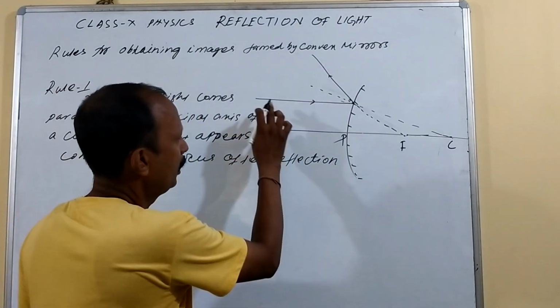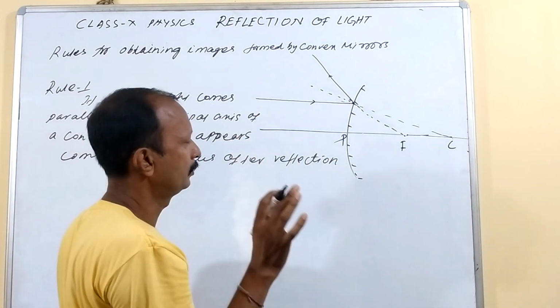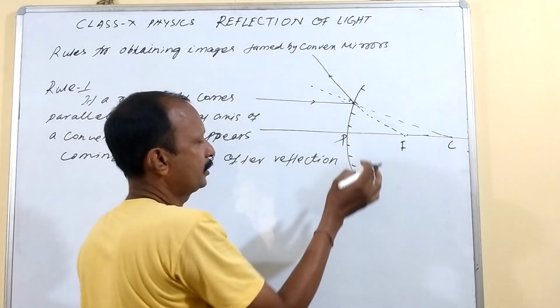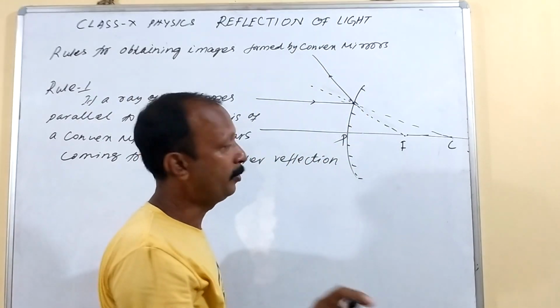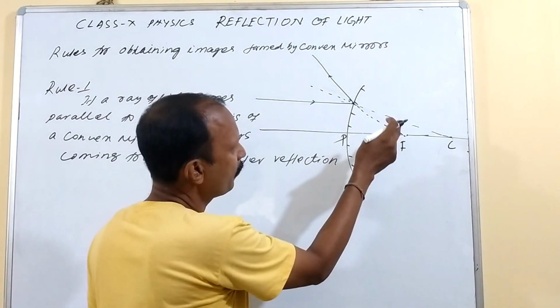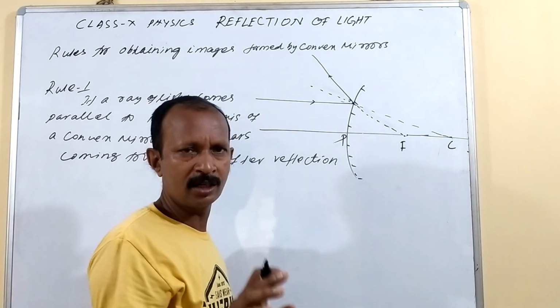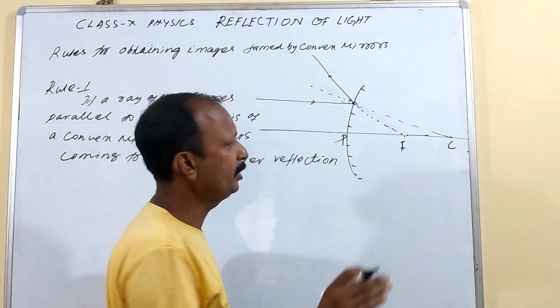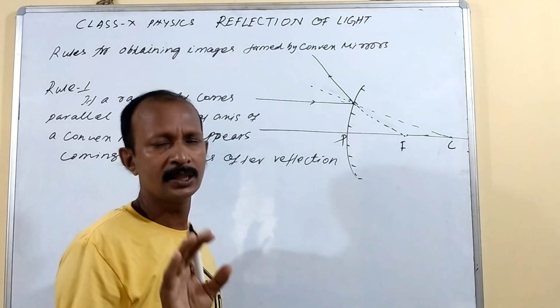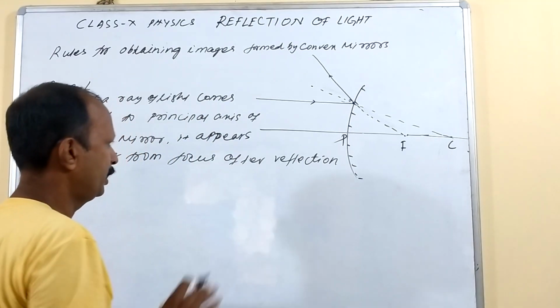That means if it comes parallel, it reflects in such a manner that it appears to be coming from the focus. In fact, it is not coming from the focus, but it appears it is coming from the focus. This is the first rule I have written.